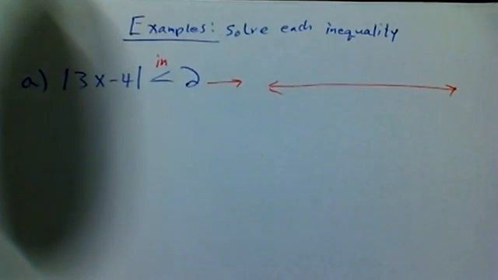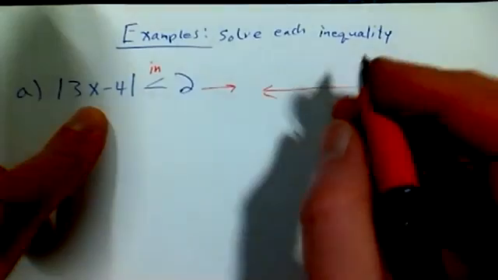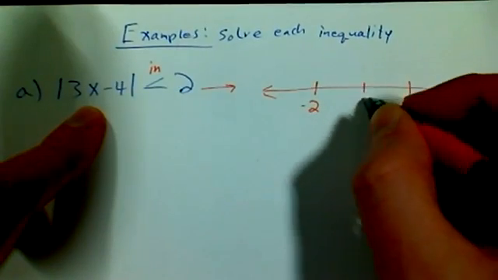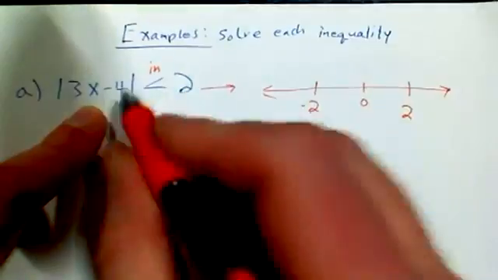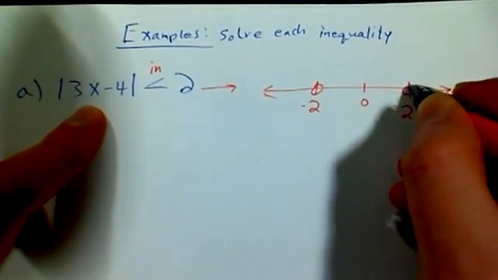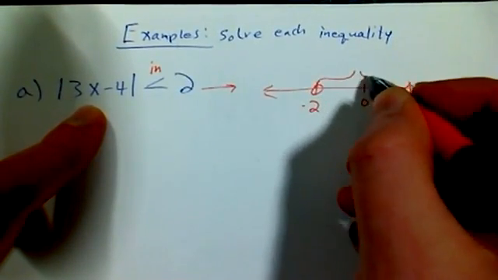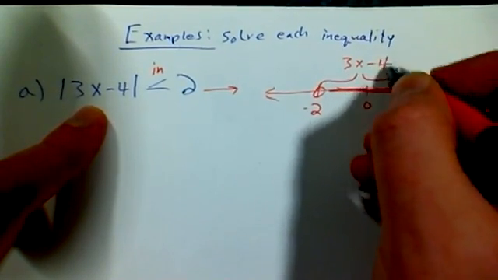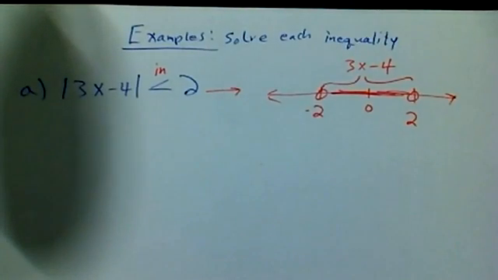This is the number line for 3x minus 4, since it's in between -2 and 2. Here's 0, okay? And what this is saying is that within this range, from -2 to 2, all of this stuff, that's as far as 3x minus 4 can be from 0. Hopefully you can see that.